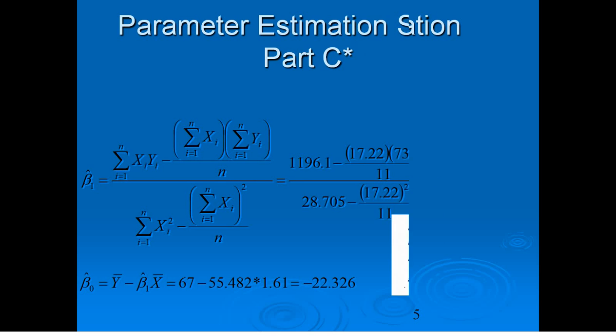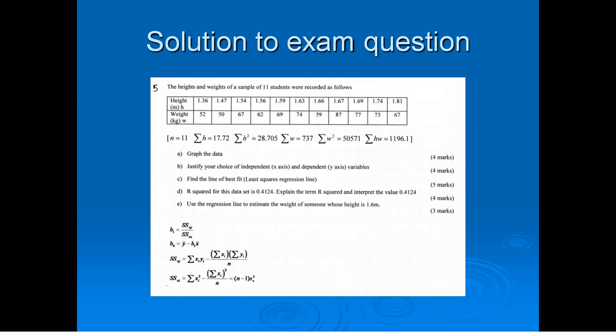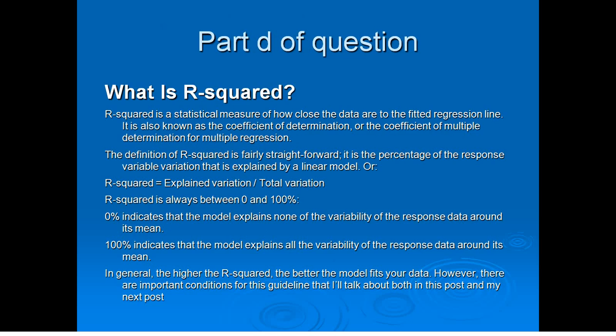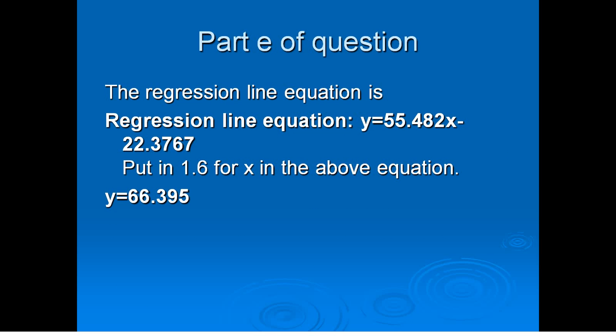Next bit of the question: estimate the weight of someone who is 1.6 meters. My line of best fit is y equals 55.482x. Where did I get that from?